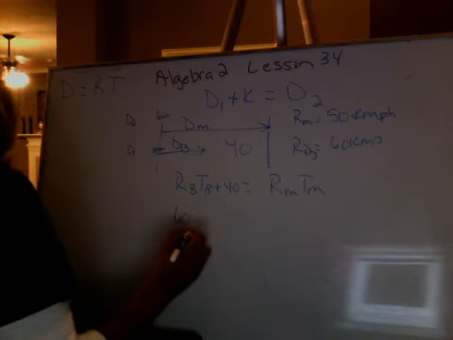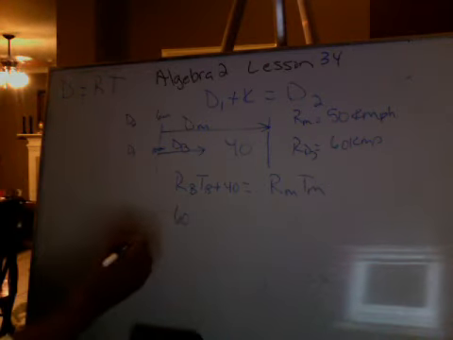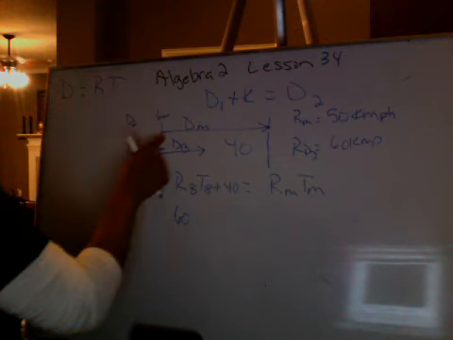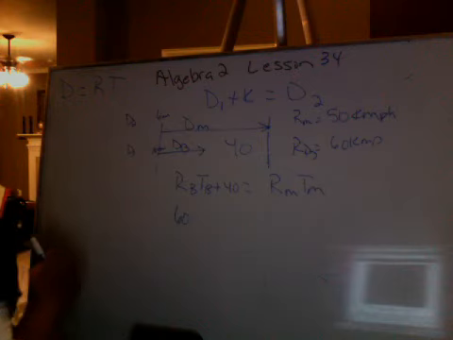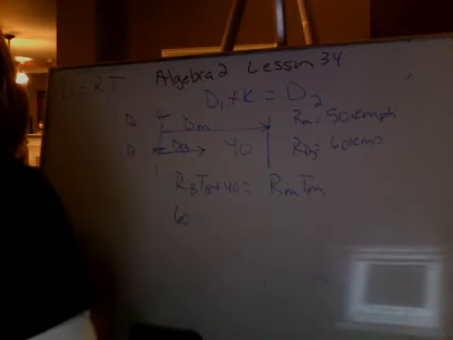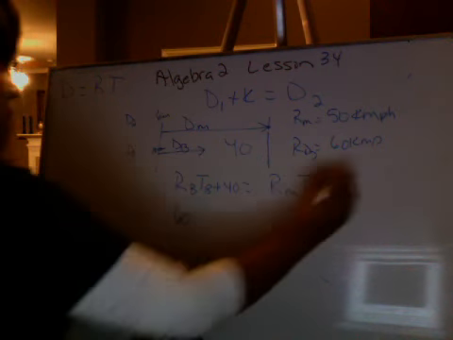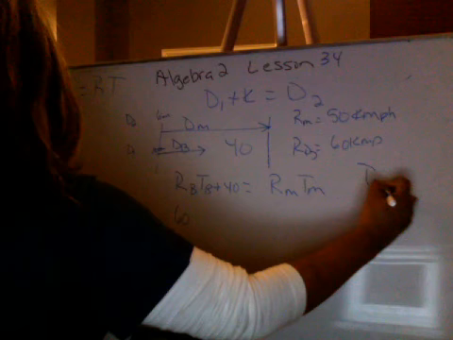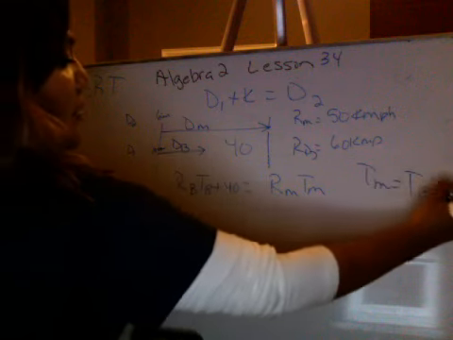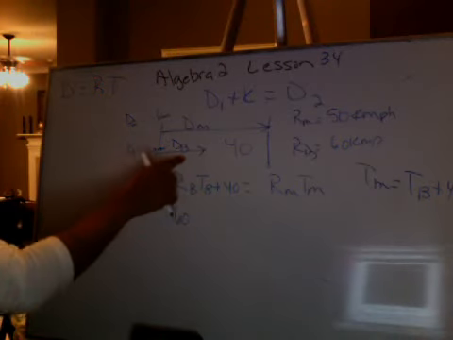And do we know the time? Well, we know they left 4 hours apart, right? So, who left first? Millicent. So we're going to have T of M equal T of B plus 4, right?